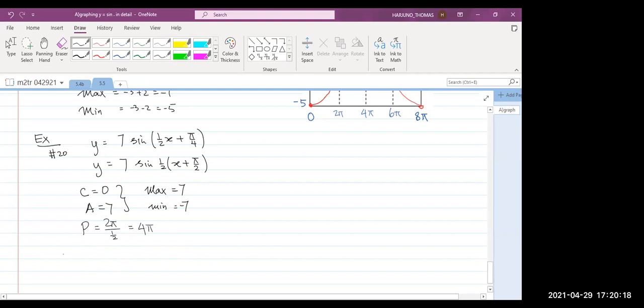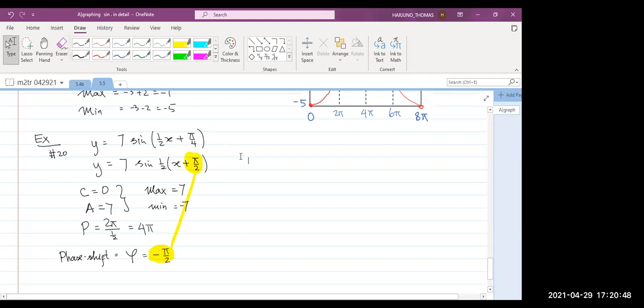However, we have something called phase shift, denoted by phi, that is negative pi over 2. Basically, we're supposed to start from 0, but you shift pi over 2 units to the left. Okay, you shift pi over 2 units to the left.